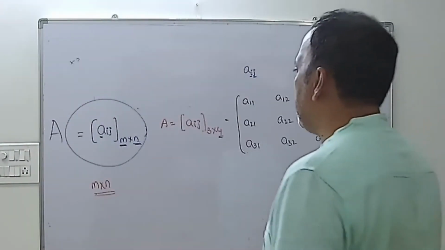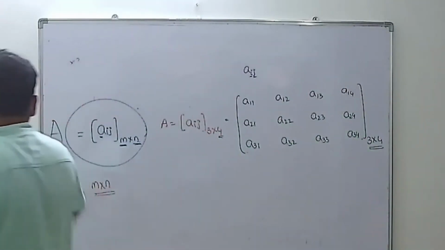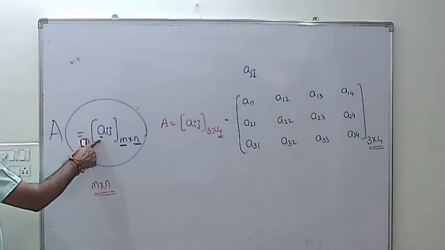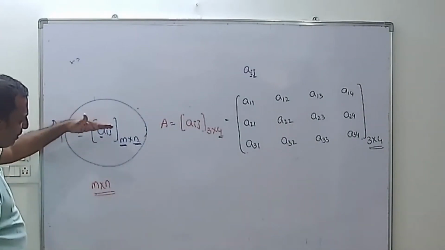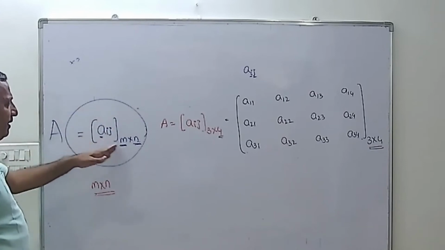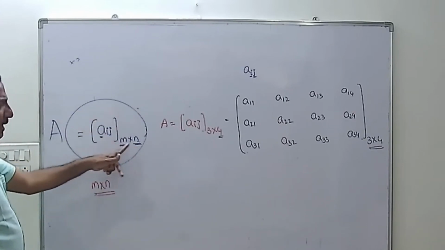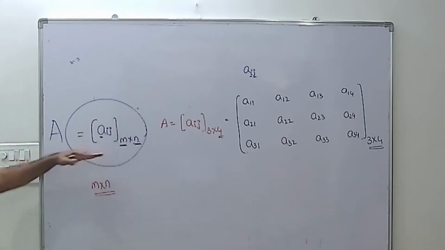The general representation of a matrix is capital A is equal to Aij. Ij కొంచెం కిందకి రాయాలి, సఫిక్స్ అన్నమాట. బ్రాకెట్ క్లోజ్ M by N. దీనికి డిస్క్రిప్షన్ రాద్దాం.